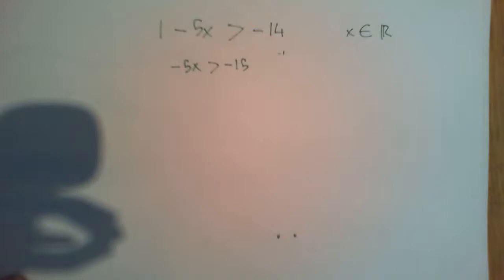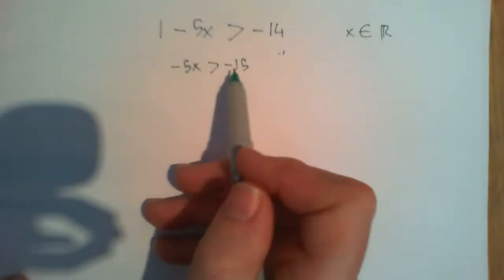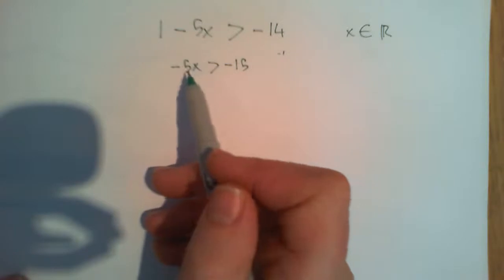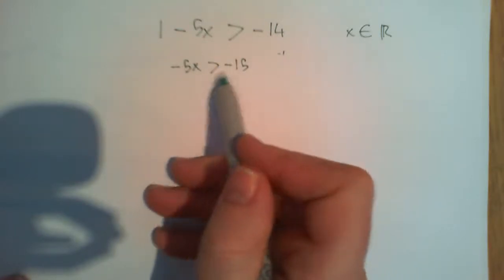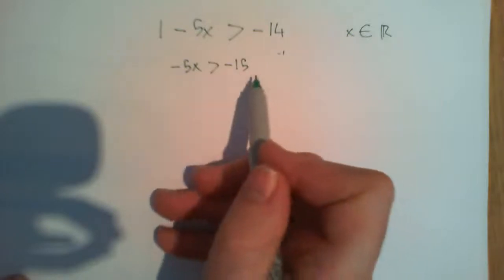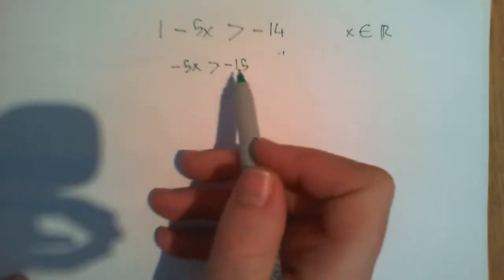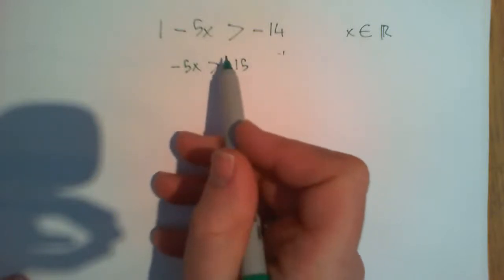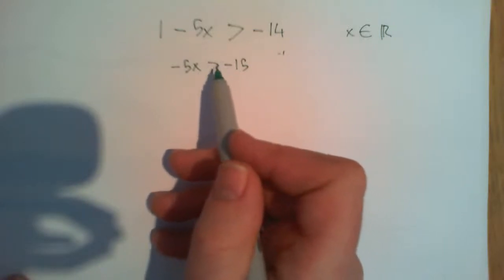But inequalities are a little bit strange when you're dividing or multiplying by a negative number. So in this case, I'm trying to divide both sides by negative 5 to get rid of this. But because I'm dividing by a negative number, the symbol reverses. Okay, so that's quite important.